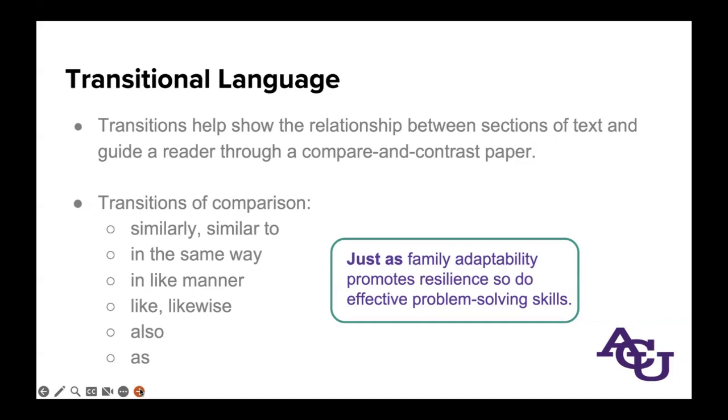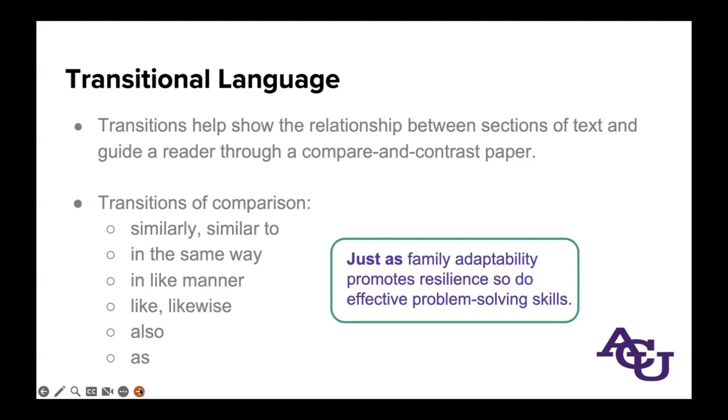If we're talking about, again, the elephants and bees, in the same way or likewise, the way that elephants work, bees work in a like manner. Elephants do this, also bees do that. These show comparisons, similarities between the two, okay?